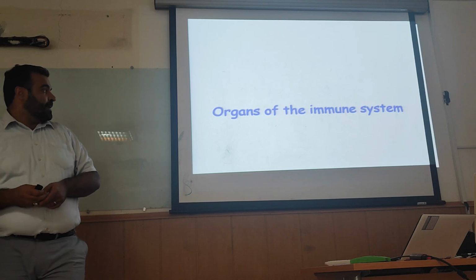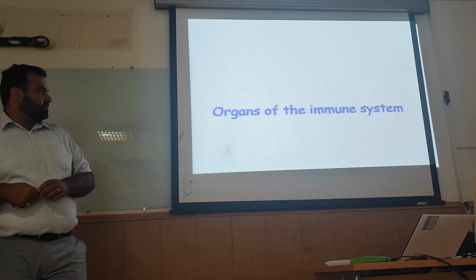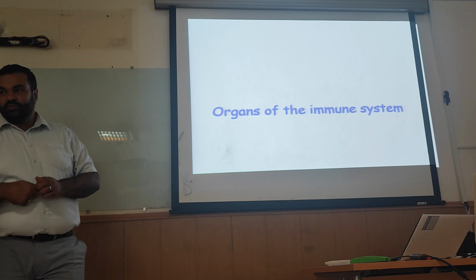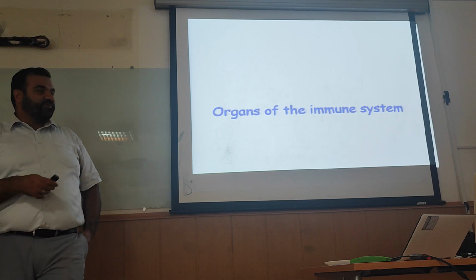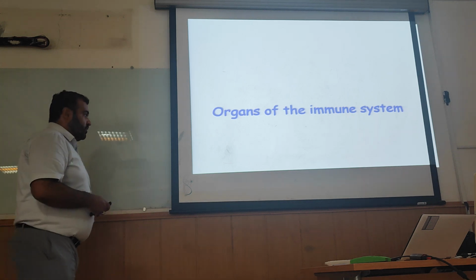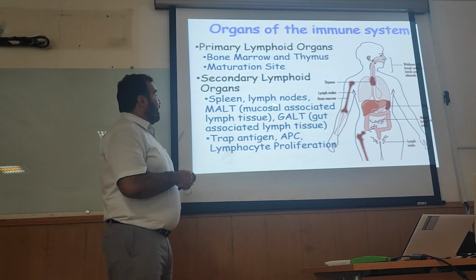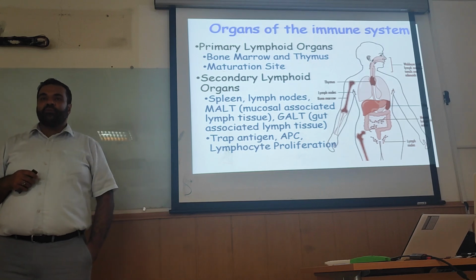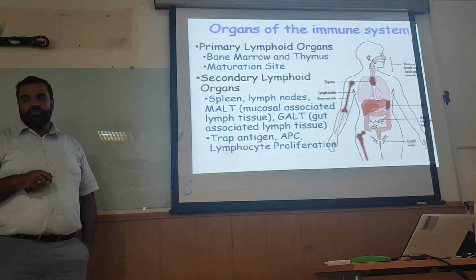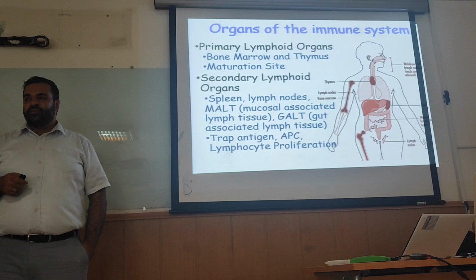Right, let's talk about organs of the immune system. So the basis of this Ministry of Defense of our body. We have primary lymphoid organs and secondary lymphoid organs. What happens in the primary lymphoid organs, which are bone marrow and thymus?